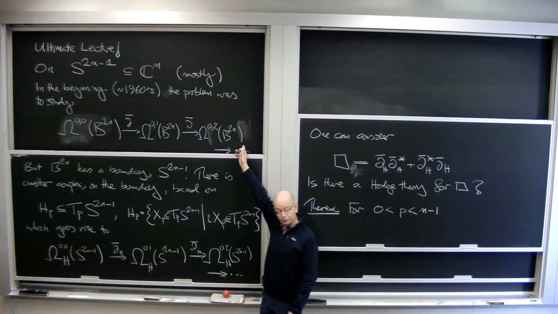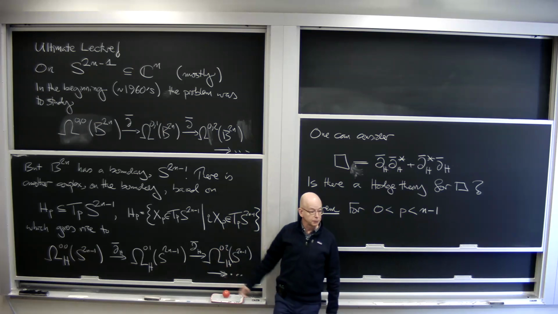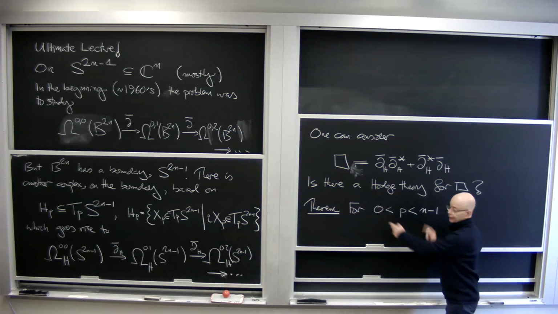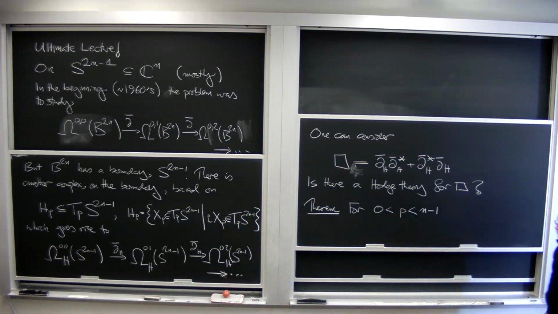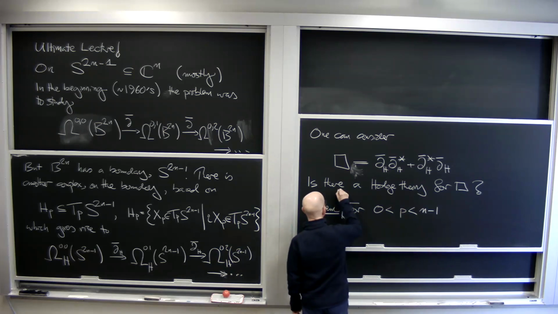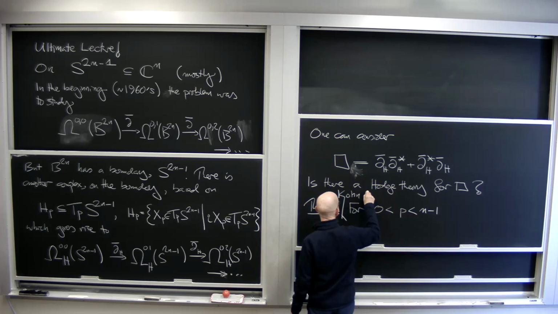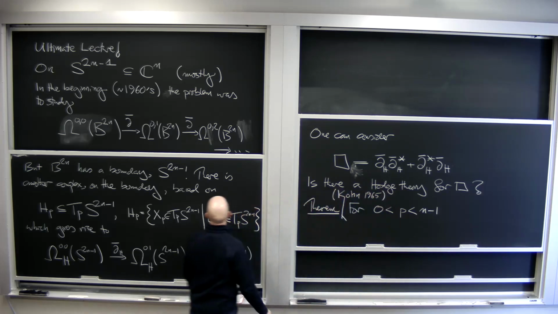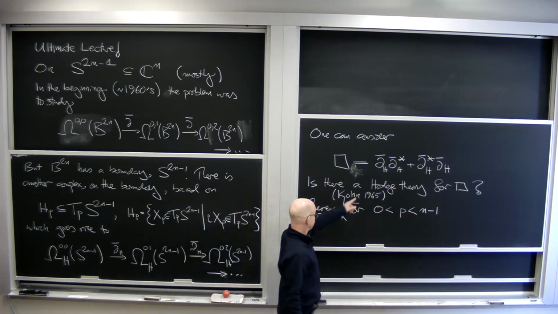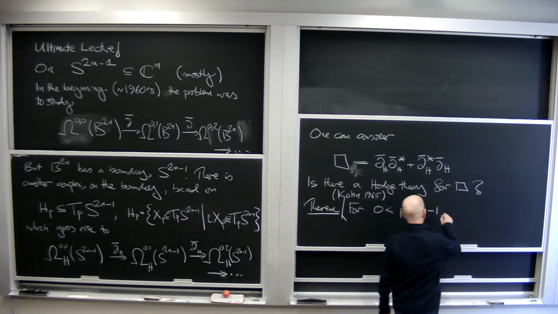Back here, the top dimension is n, but on the boundary, the top dimension is n-1. And so these are the extreme cases, and this theorem, which is what Kohn proved sometime in the middle of the 1960s. That's why I said, well, I guess I just said 60s up there. I think this is from 65.